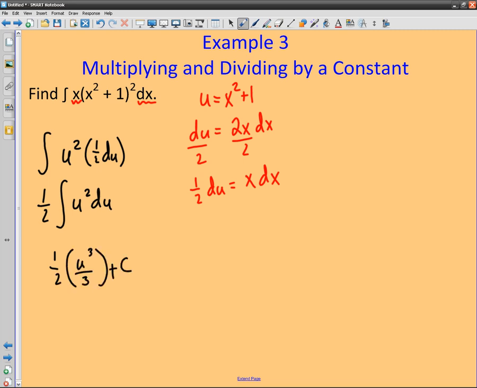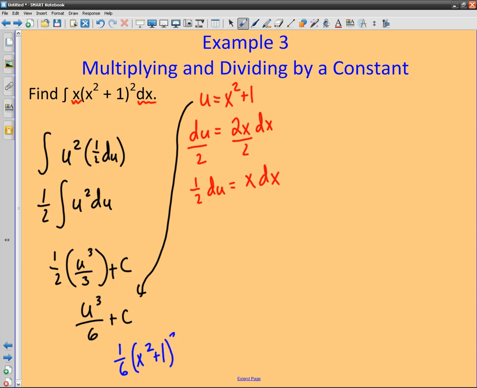And it doesn't matter if my constant was inside the parentheses, half of a constant is still a constant, so I'm just going to leave it out. And so then I end up with u cubed over 6 plus c. But my u, remember, from up there, is x squared plus 1, so I end up with 1/6 of x squared plus 1 cubed plus c.